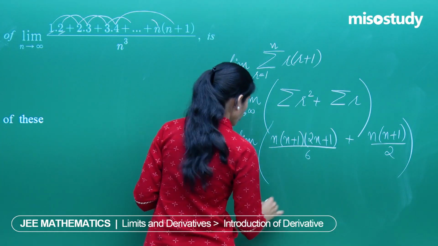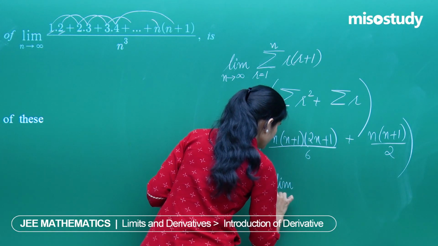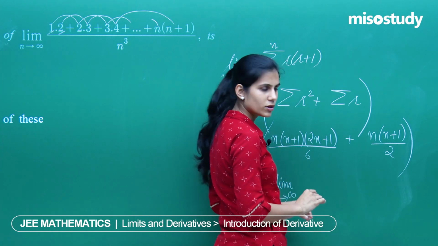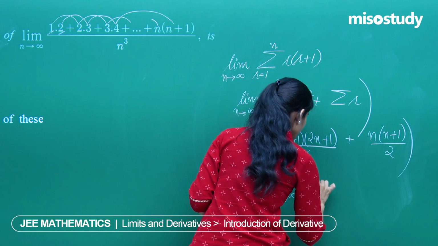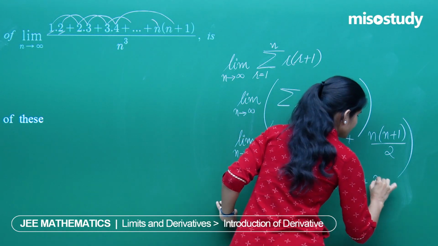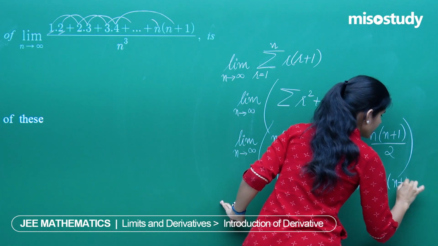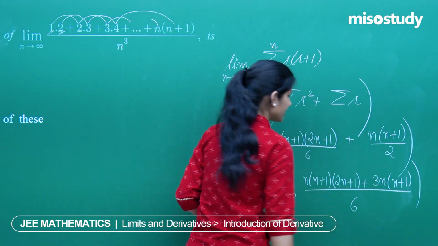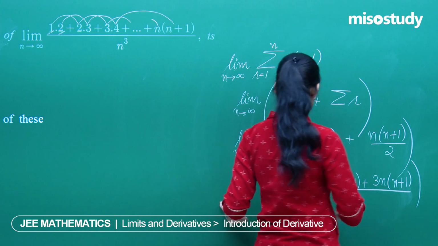Fine. So over here, very simply what we can do is, I can take out the LCM. What I will be left with is n into n plus 1 into 2n plus 1 plus 3 times n into n plus 1, whole upon 6. Fine.